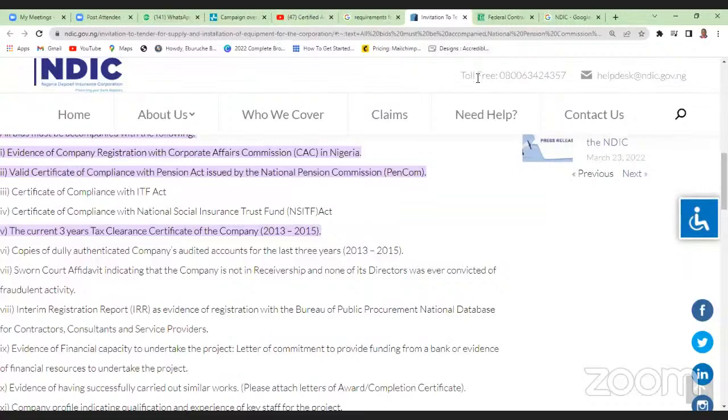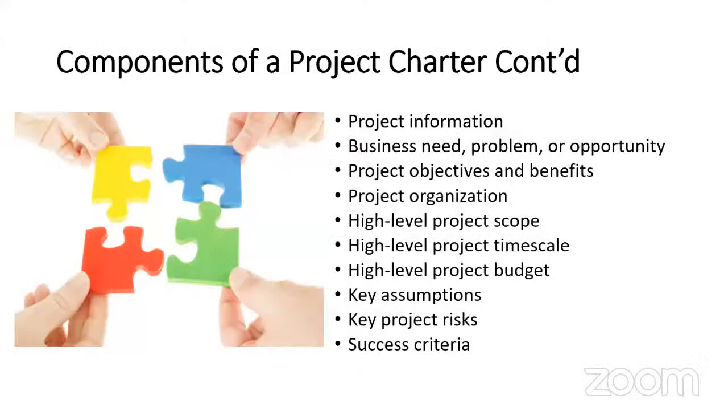Okay, so what brought me here was what? Success criteria. Some of the important information you need to have for you to qualify for a project. So don't just sit down there and say it is people who know people that get the project. Well, there is nothing wrong in people knowing people, but there will be everything wrong if you're not part of the people that know people.